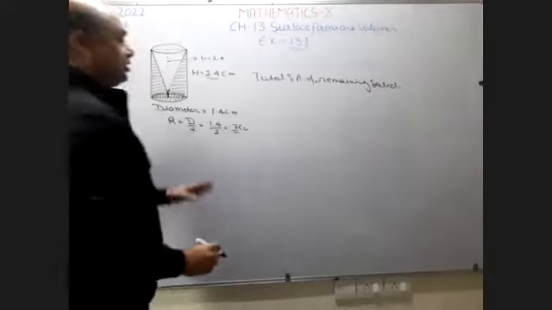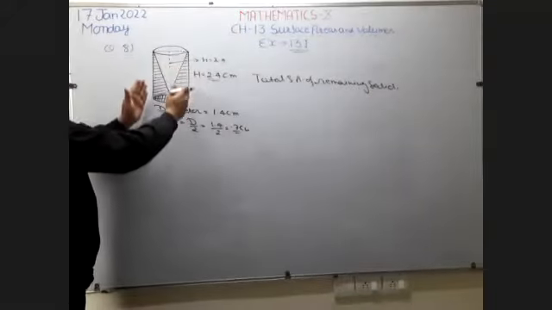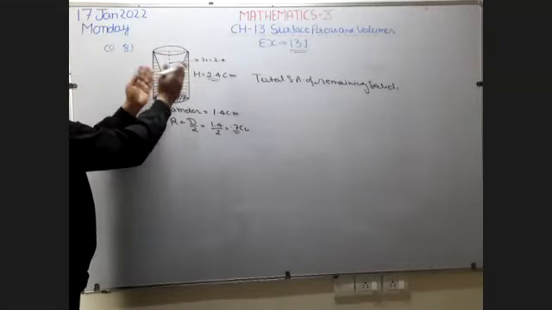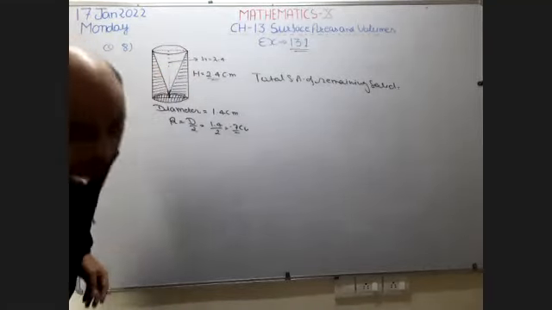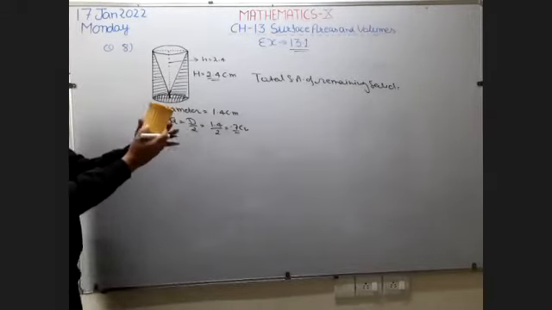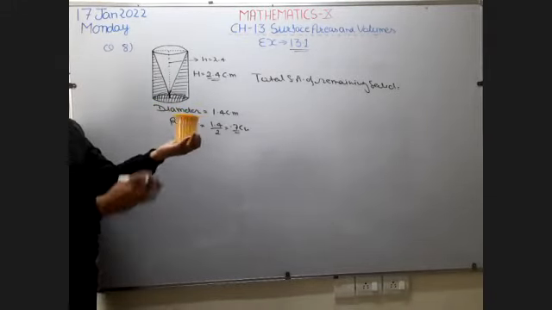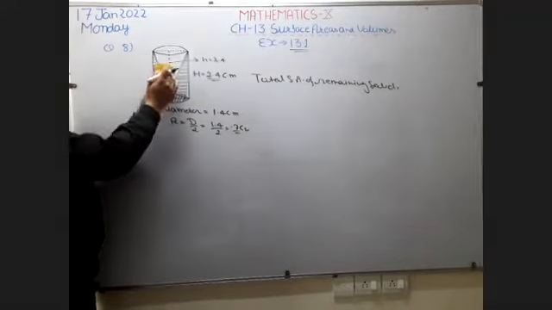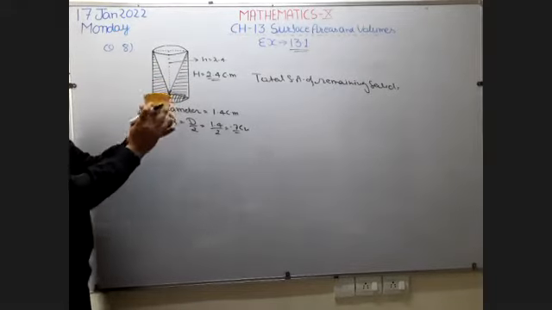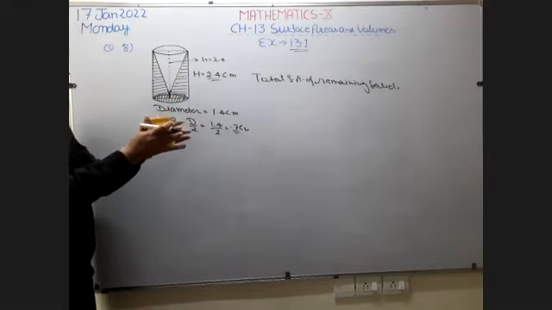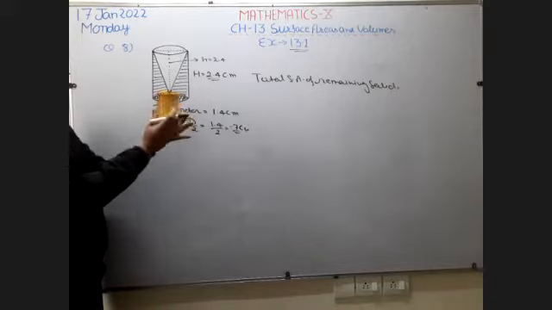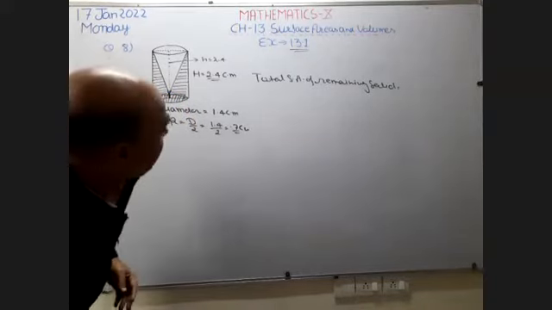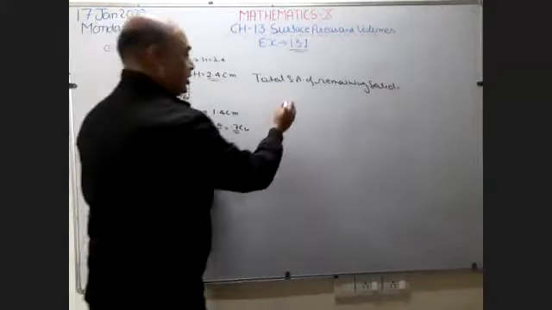What is left? This outer part is completely left. Suppose this solid is in the shape of a cylinder. When we hollow out this cone from this cylinder, this outer part is left. What is the name of this? The curved surface area of the cylinder.